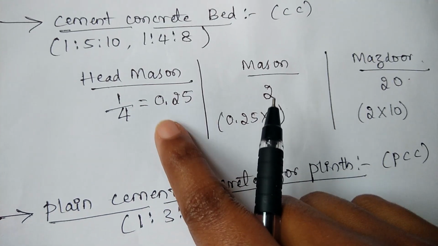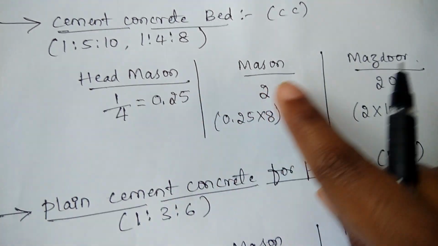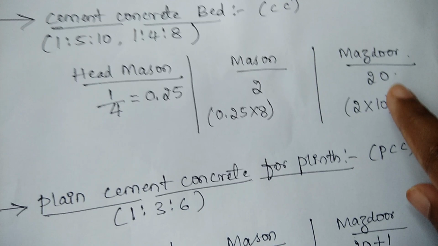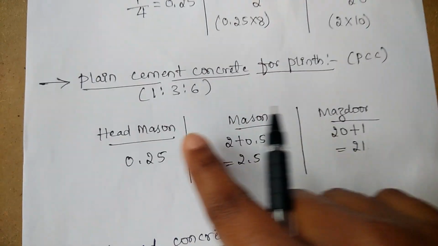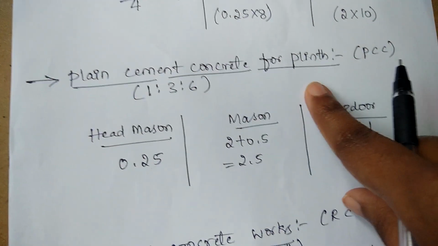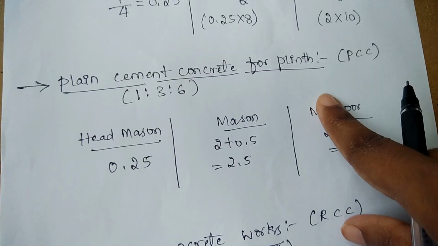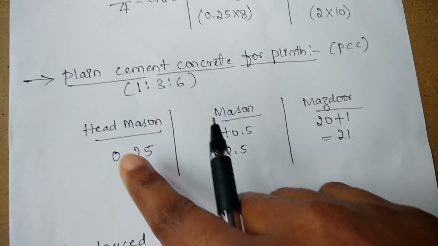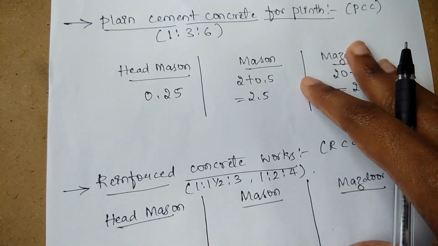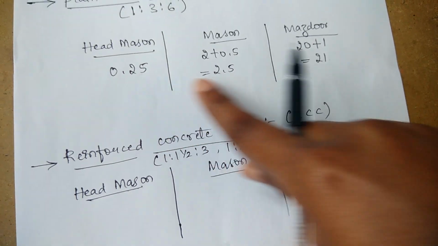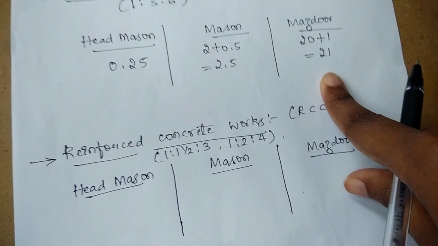That means here the head mason reference is 0.25, mason is of 2 numbers and Mazdoor is of 20 numbers. Then I have found the PCC labor quantity, which is of 0.25, 2.5 and 21. Now for RCC work, I will take this value as my reference value.